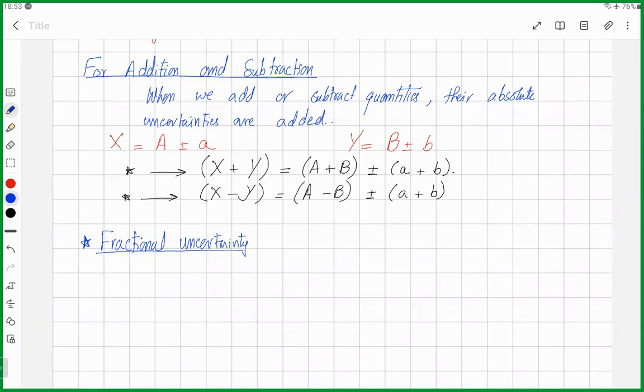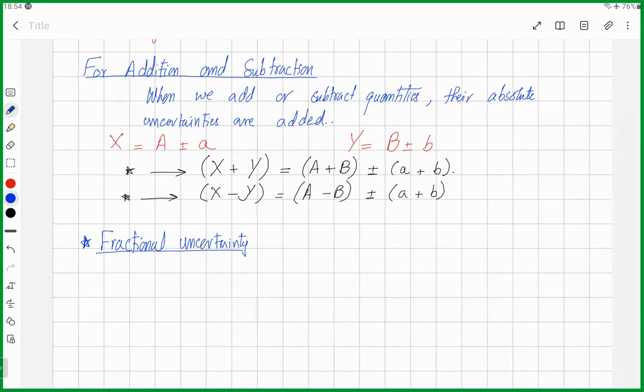If the quantity that you measured was a very big quantity, for example, the length of a table, the height of a person, or the length of a pet bottle, then your 0.1 millimeter error is a very small error.